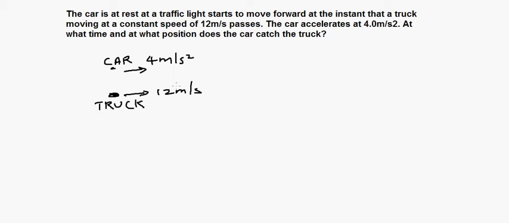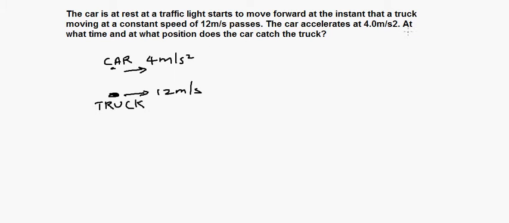So initial velocity is equal to final velocity, as there is no acceleration with the truck. The truck is moving forward with a velocity of 12 meters per second, while the car is at rest and it's just begun accelerating.